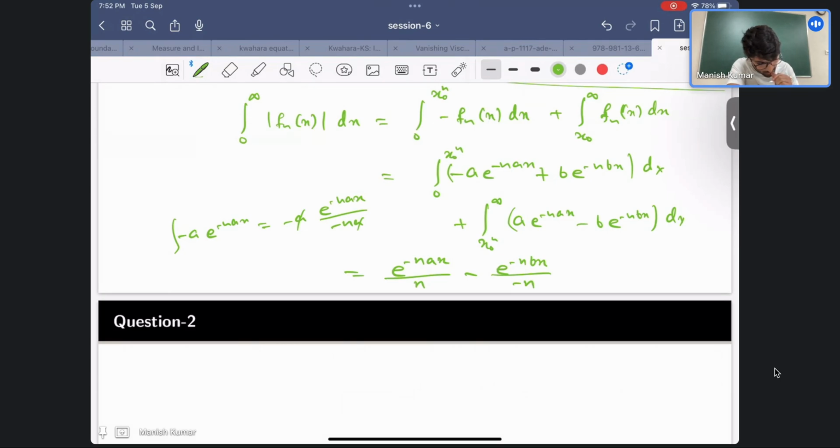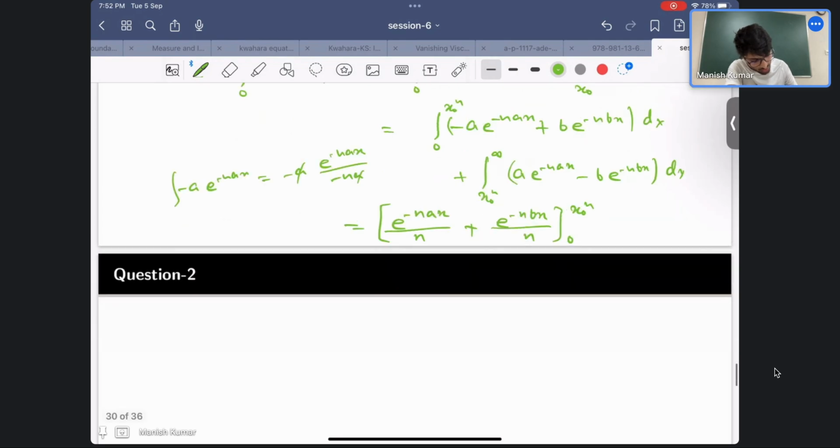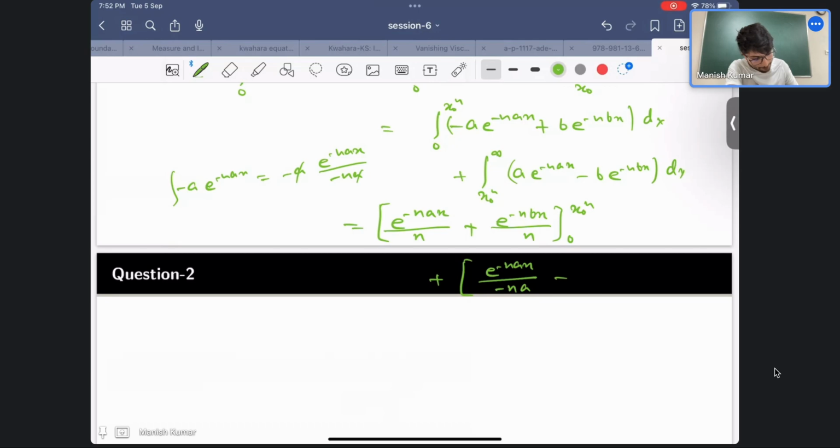Yes, so this will be plus, from 0 to x naught n, and again if I calculate this one, what I get is e minus nax by, so this is plus a, so it will be minus na, and here you will have b, e minus nbx by, sorry, a will not be there, and here minus will be this plus, so this will become plus, right?